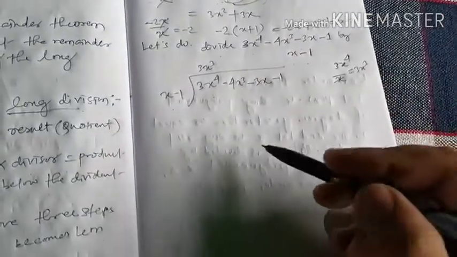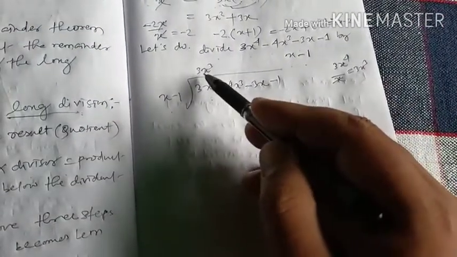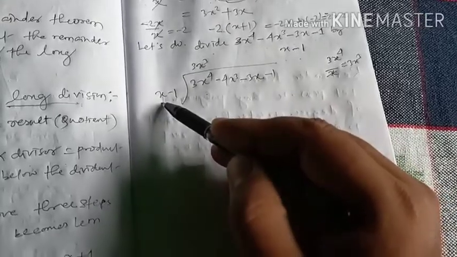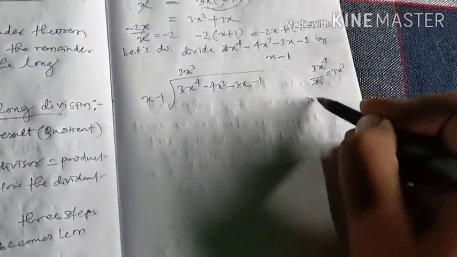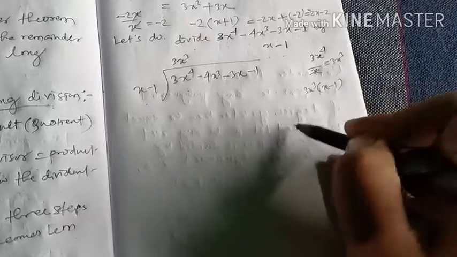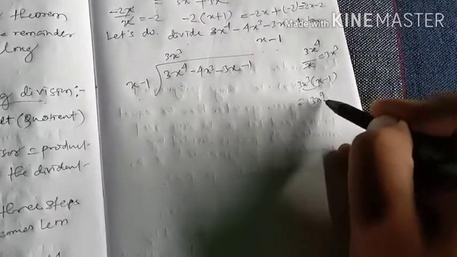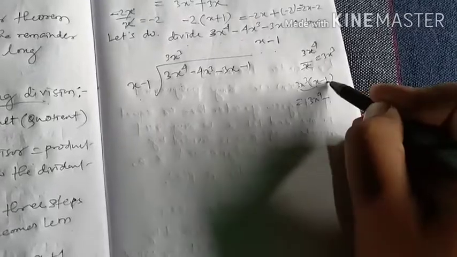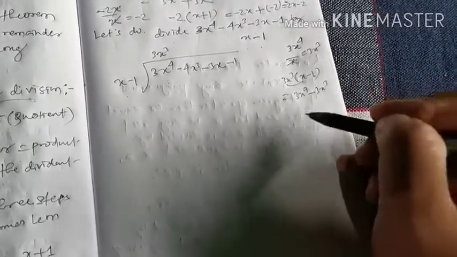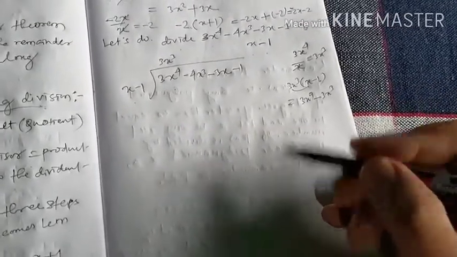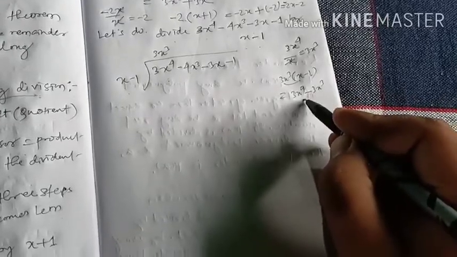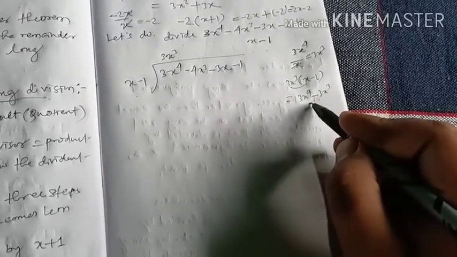Again we will multiply the quotient by the divisor, that is 3x cube by x minus 1. Here we will get 3x cube into x, that is 3x fourth, minus 3x cube into 1, that is 3x cube. We will write this result below the dividend and then subtract.